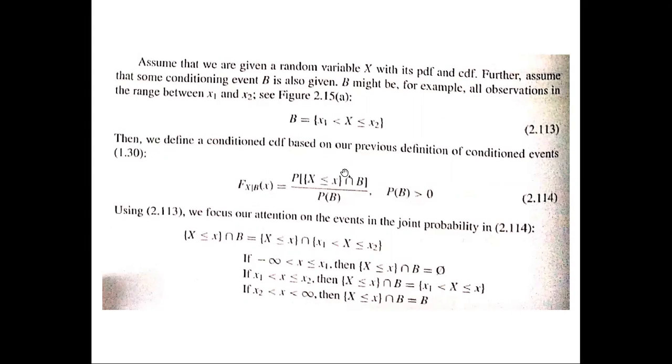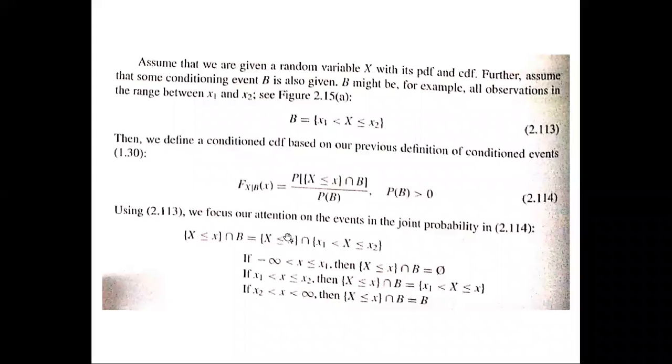And what is this numerator over here? P of some quantity, and this quantity is nothing but x less than or equal to x, intersection with b, where x is between x1 to x2. So here we have x less than x, here we have x between x1 to x2.